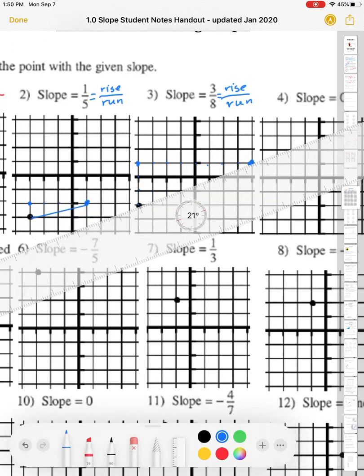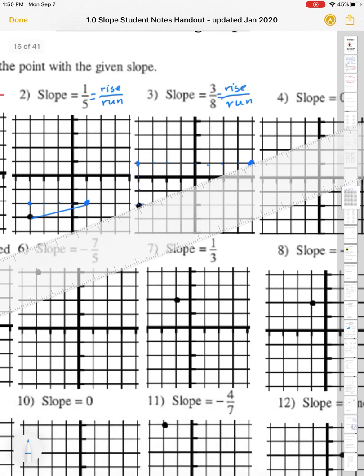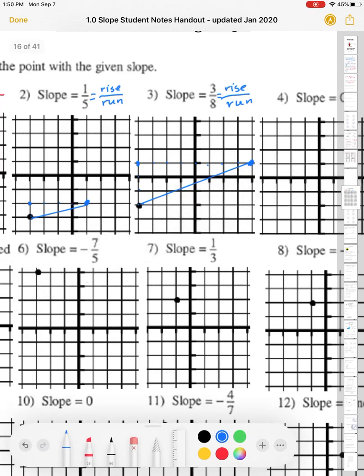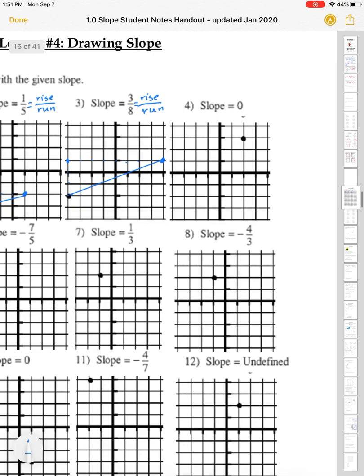Okay, put in my ruler. Isn't that nice? Try and draw them nice along this ruler. And there we go. I have my line. So basically, if you're given a point and a slope, you should be able to plot those on a grid and be able to draw those slopes.